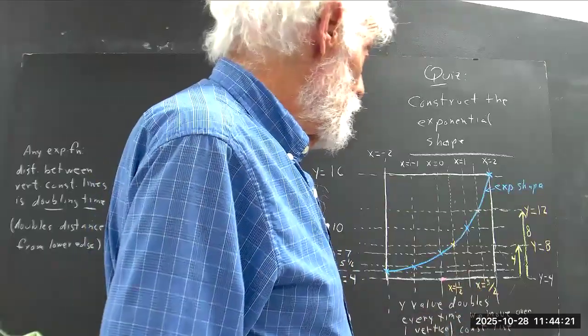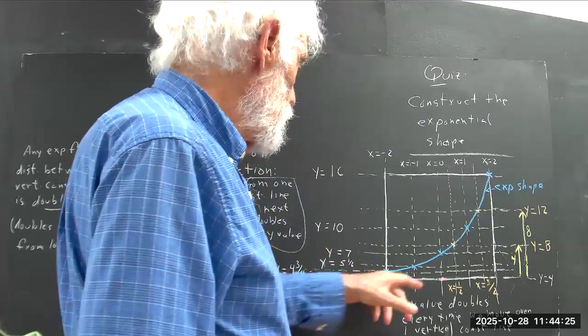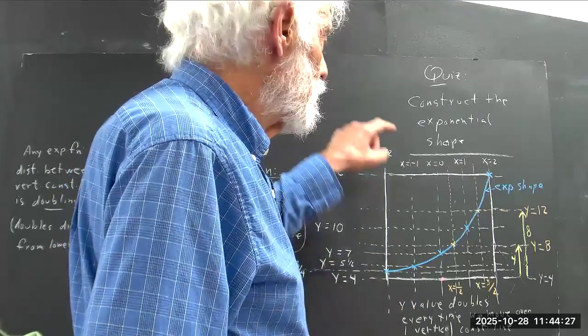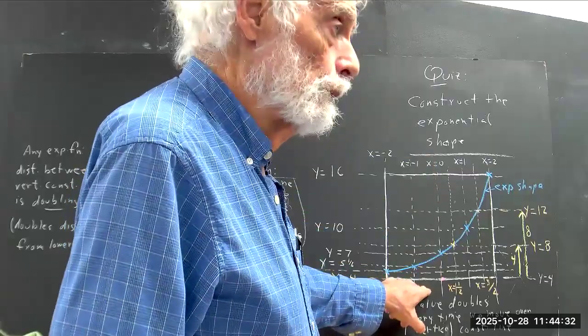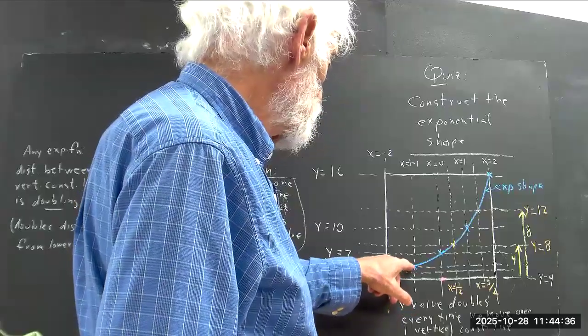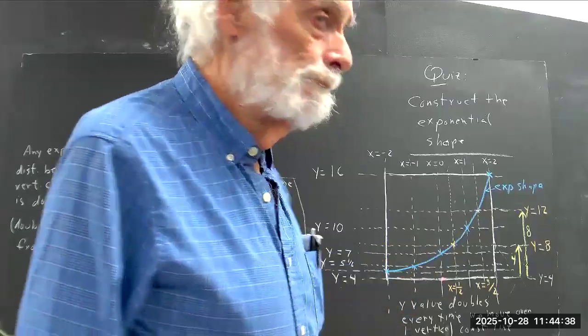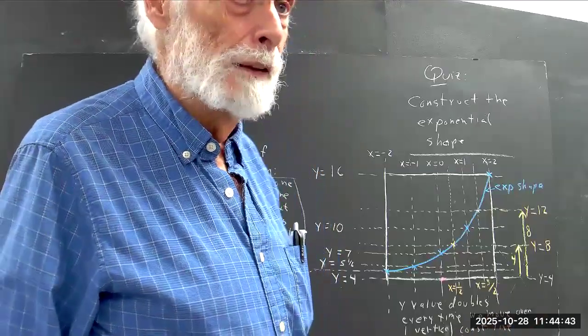And just as between the x equals -1 and x equals 0 value on this original graph, the first graph that we drew, y goes from 5.5 to 7. That doesn't double. 7 is not the double of 5.5.